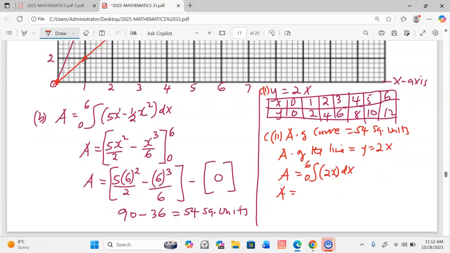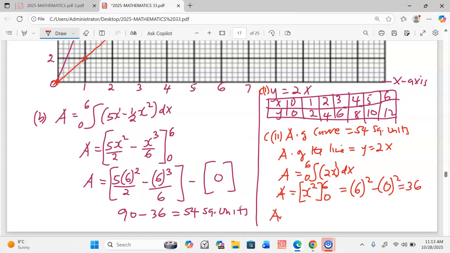Area will be equal to, this is the same as x raised to power 1. We add 1 to the power, you divide by 2. This one is going to be 6 squared. Then we insert the limits of 6 and 0, meaning we are only going to use the maximum value of x, meaning we are going to have 6 squared minus 0 squared, giving us 36.